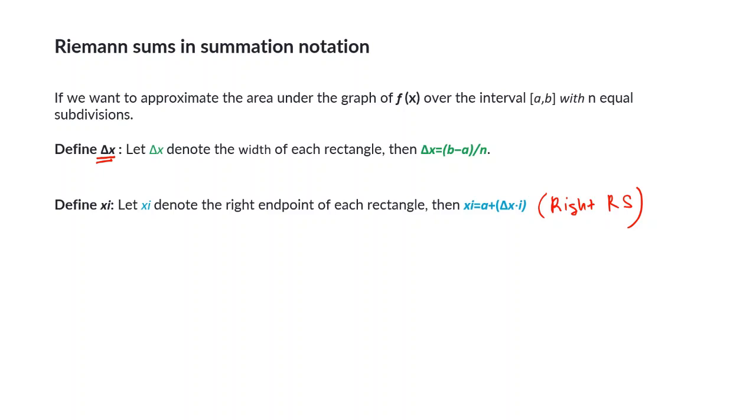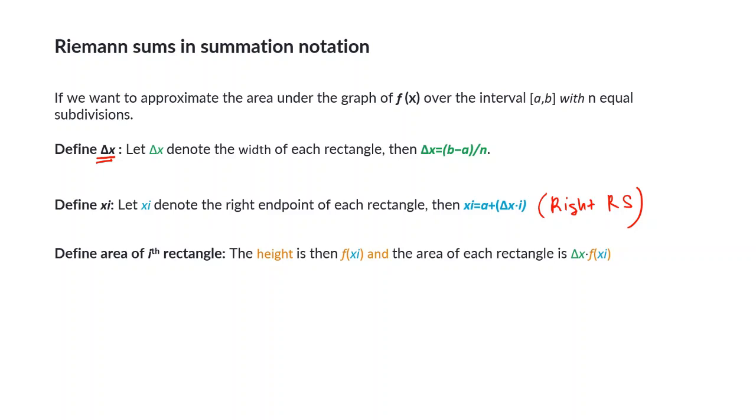And the third step is to define f of xi. So what will be the f of xi, the height of the rectangle, and the area is equal to delta x times f of xi.